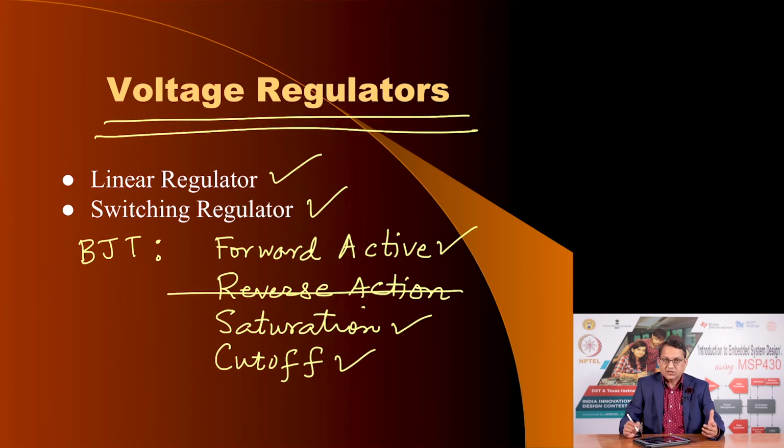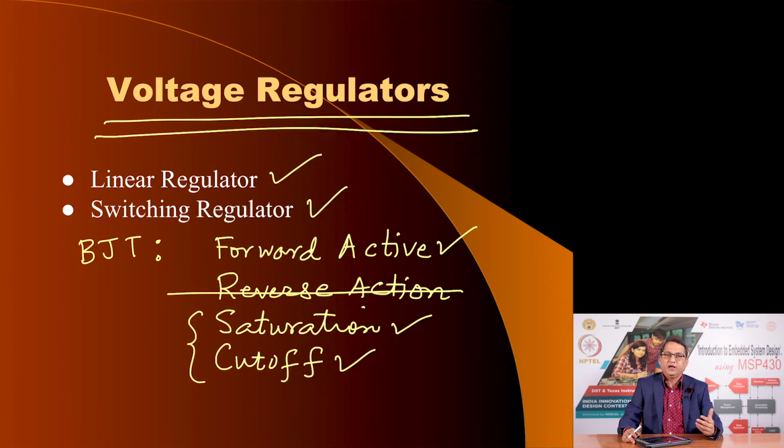Now, such circuits in which the transistor primarily operates in the forward active region lead to a class of regulators that we call linear regulators. On the other hand, if you do not want the transistor to operate in the forward active region, you could operate it in the switching region using saturation and cutoff.